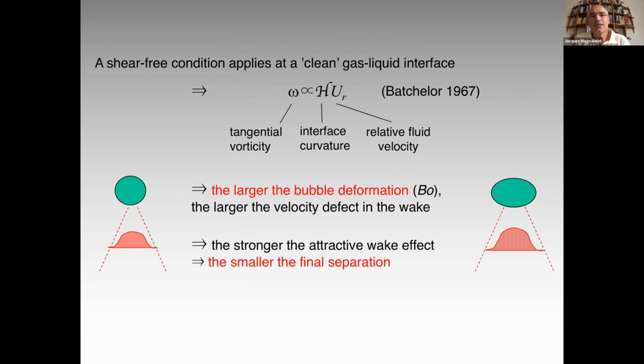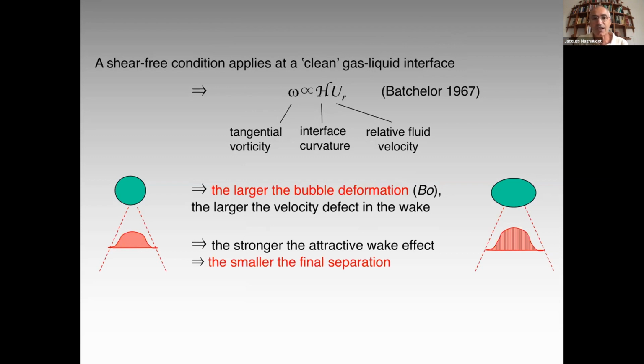To understand this, we have to keep in mind that at a clean, that is surfactant-free gas-liquid interface, the tangential vorticity generated on the interface in the liquid is proportional to the local interface curvature times the relative fluid velocity.